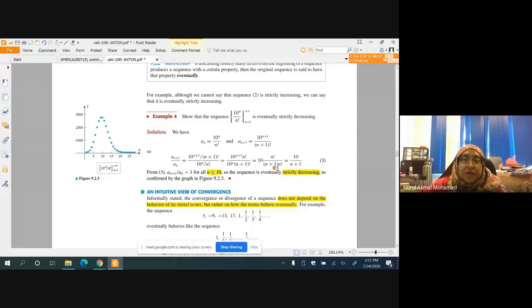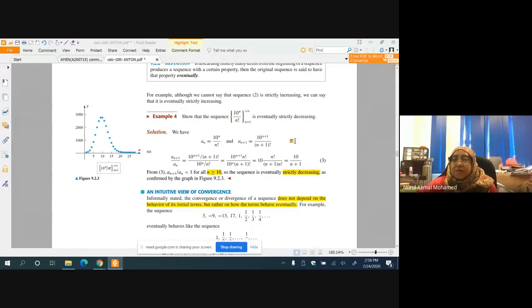What happens if you set n equal to 1? It will be 10 divided by 2.